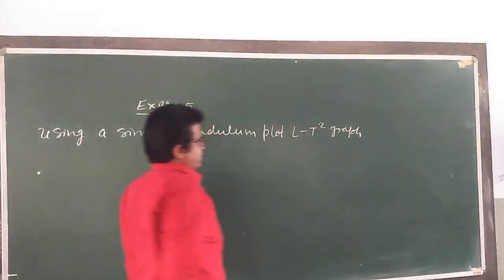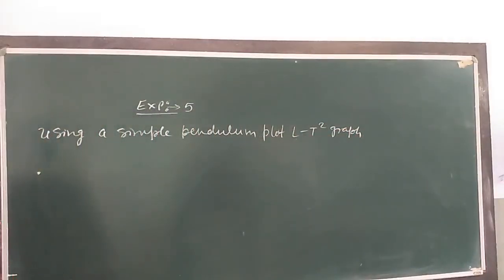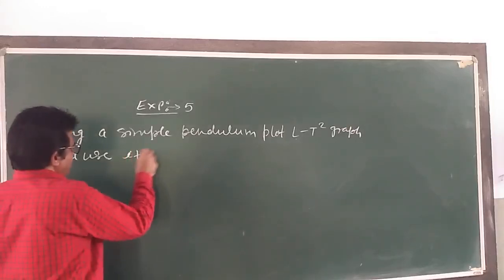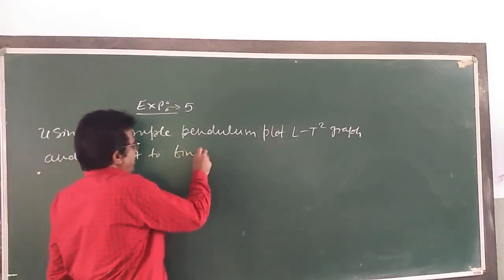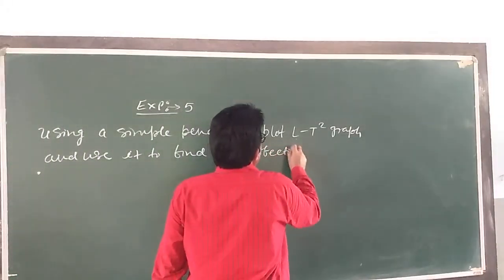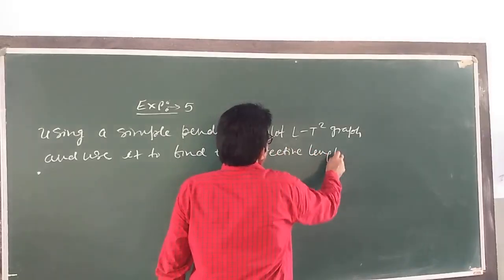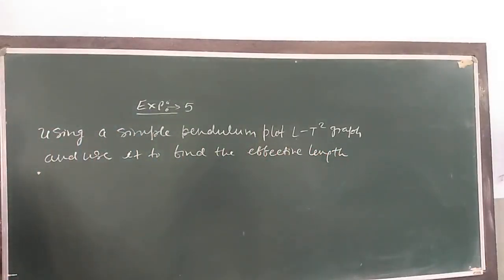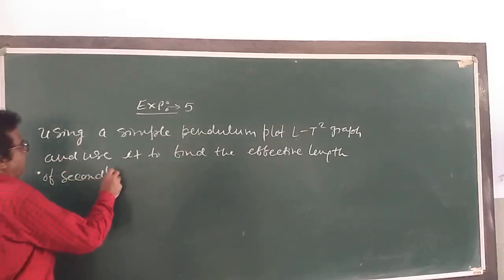L is the length of the thread, T is the time period, and use it to find the effective length of the second pendulum, that we are going to see here.